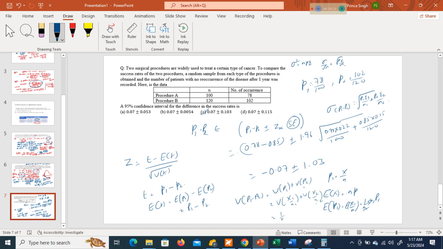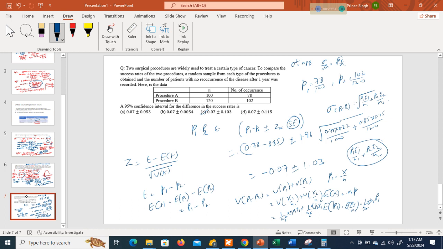So this is 1 upon n1 square into n1 p1 q1 plus 1 upon n2 square into n2 p2 q2. So one power of n1 and n2 get cancelled out, so its value is p1 q1 upon n1 plus p2 q2 upon n2. Okay, so basically the formula is the same, but it is not part of the difference of mean.